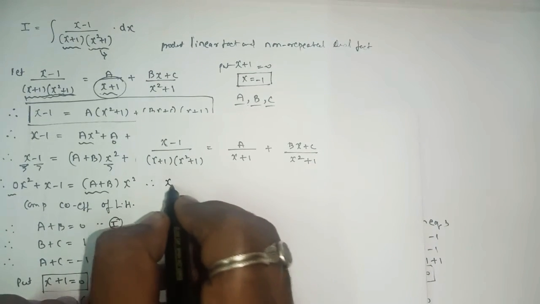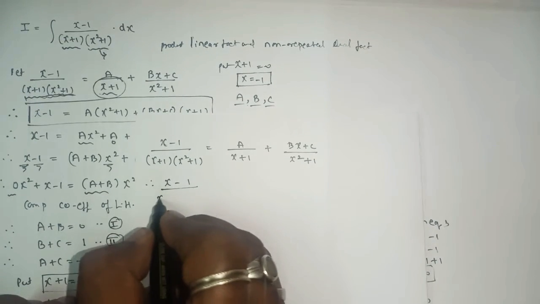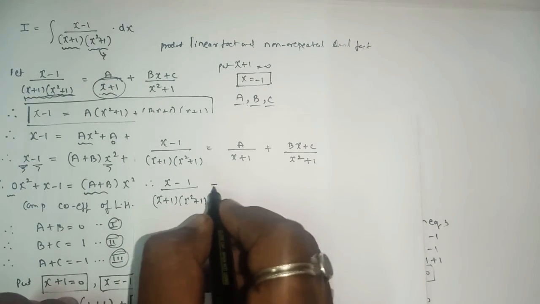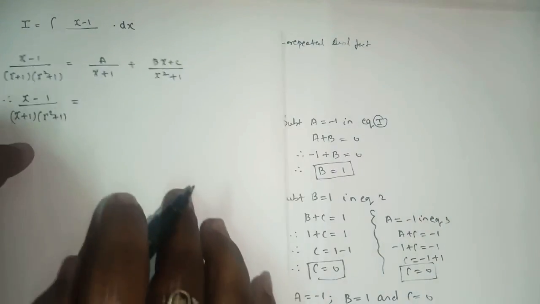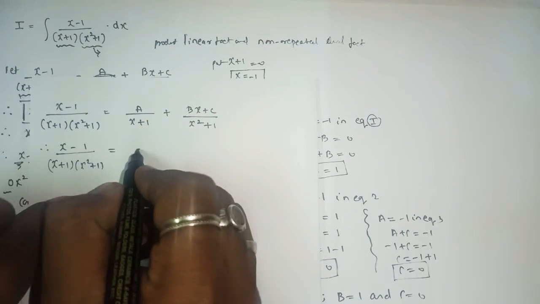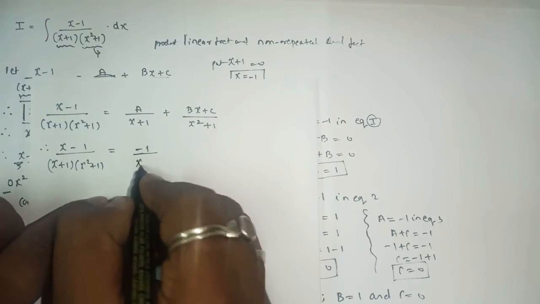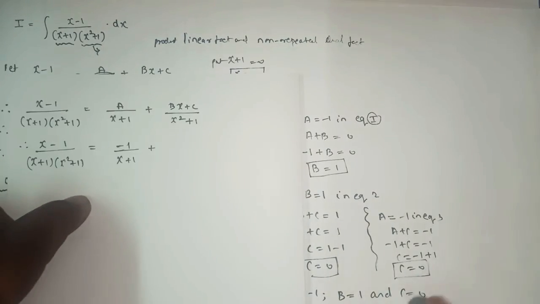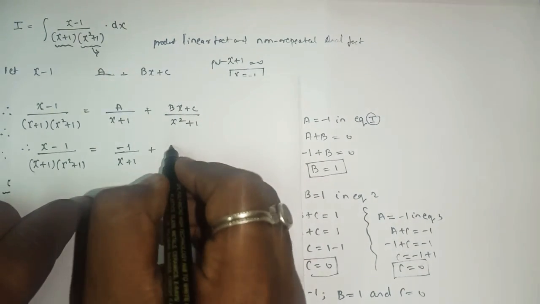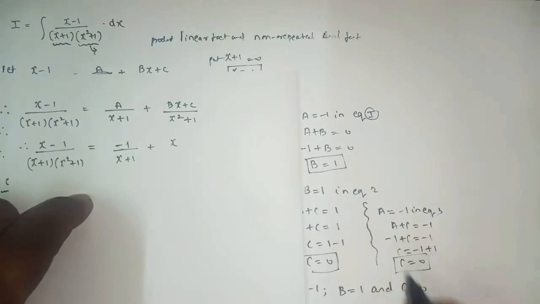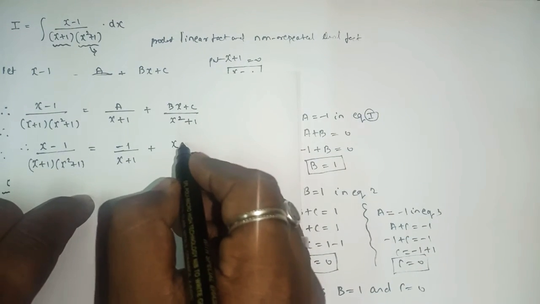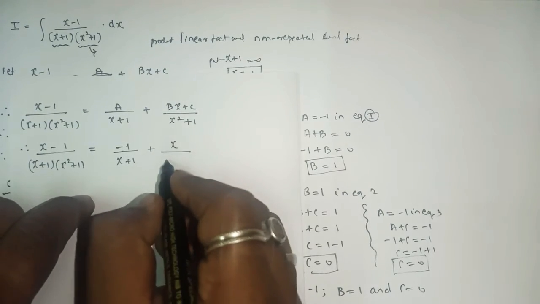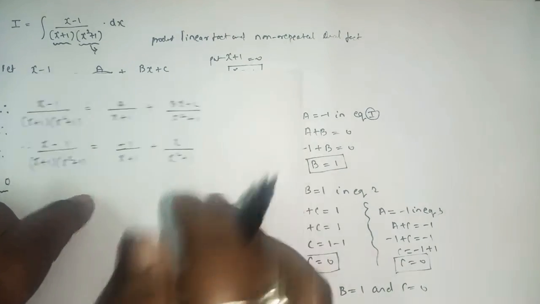So it equals minus 1 upon x plus 1 plus, B is 1, so x, and C is 0, so plus 0, you will get x only, yes or no? And here x square plus 1.